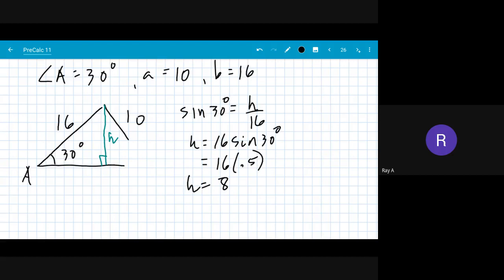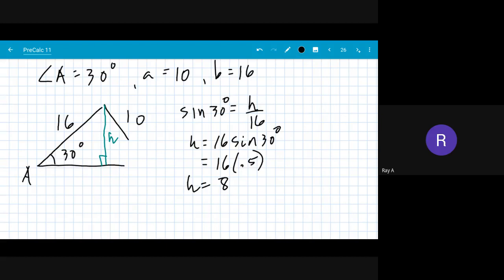Now, what does that tell you? Since H is 8, it is smaller than A. All right, it is smaller than 10.